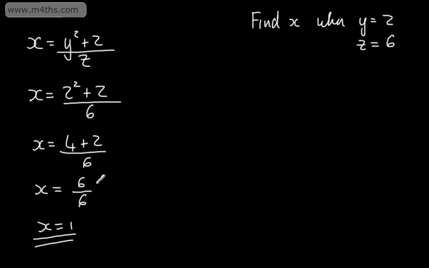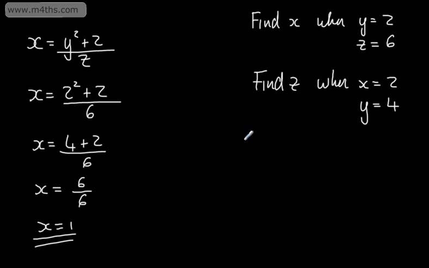You wouldn't have to show all of this working, but hopefully now this has simplified it for you. Okay, let's now find z. So we will say find z when x is equal to 2 and y is going to be equal to 4.